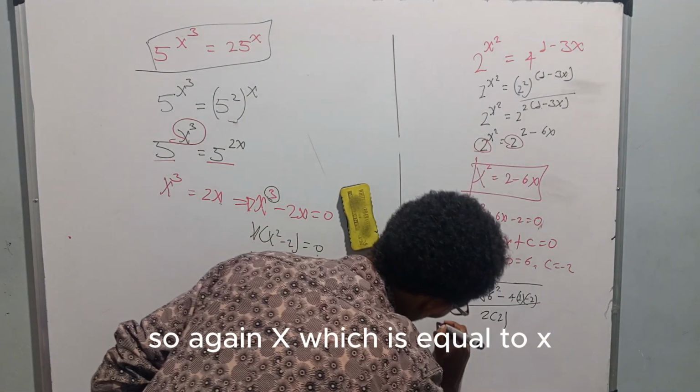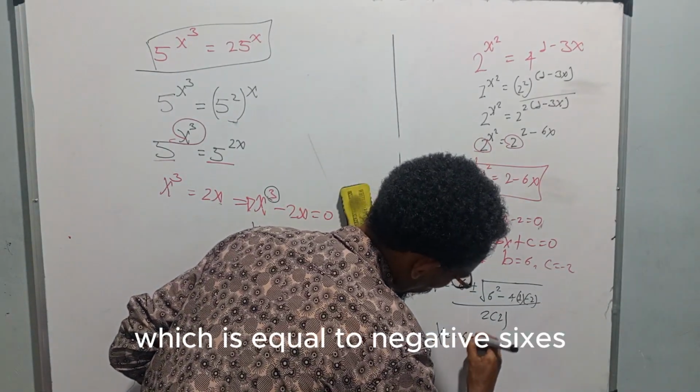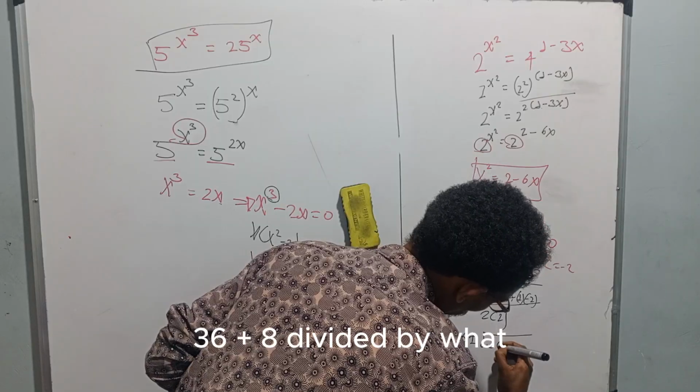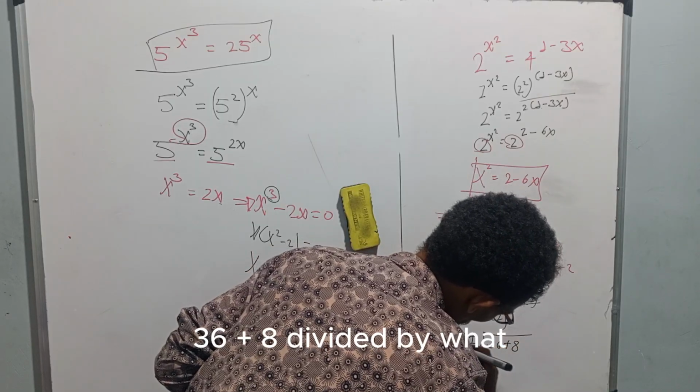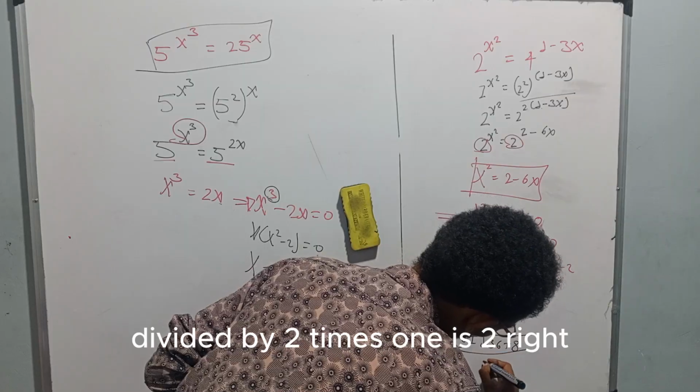So again, x is equal to negative 6 plus or minus the square root of what? 36 plus 8, divided by 2 times 1, which is 2.